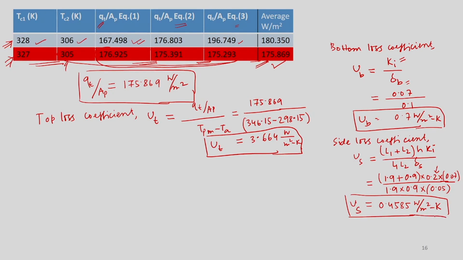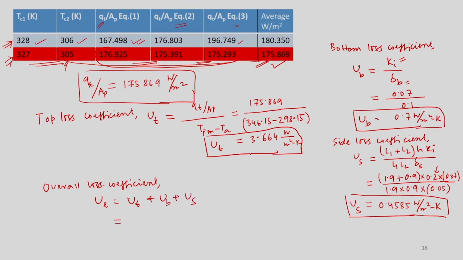So, as we know, the overall loss coefficient can be defined as UL is UT plus UB plus US. Okay.